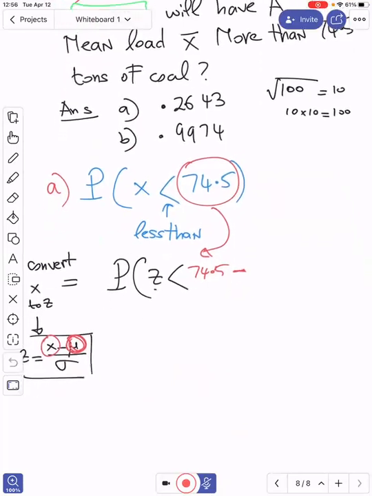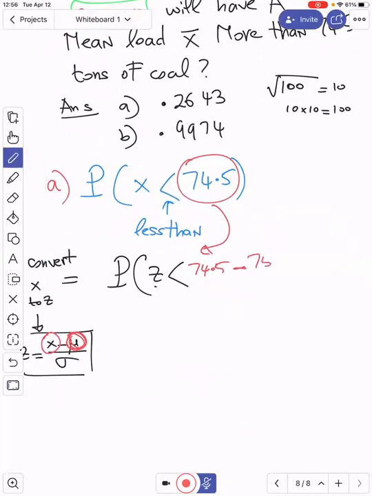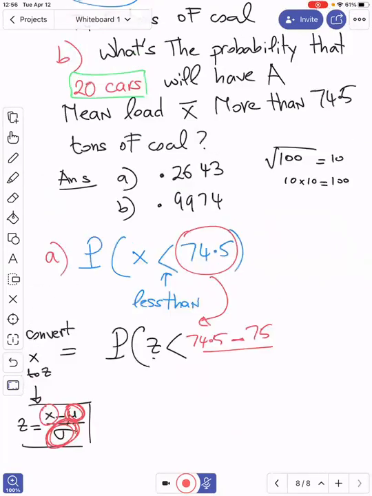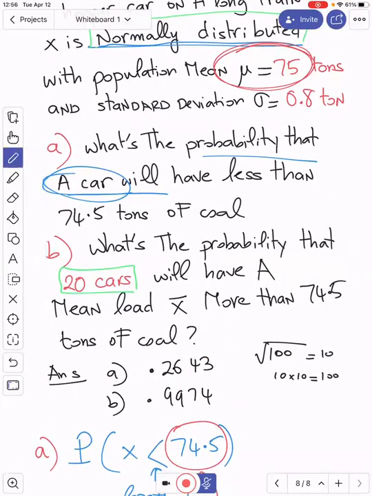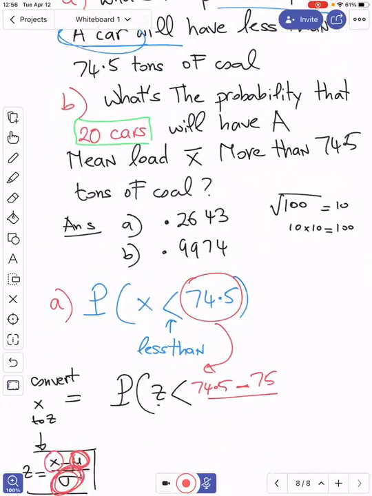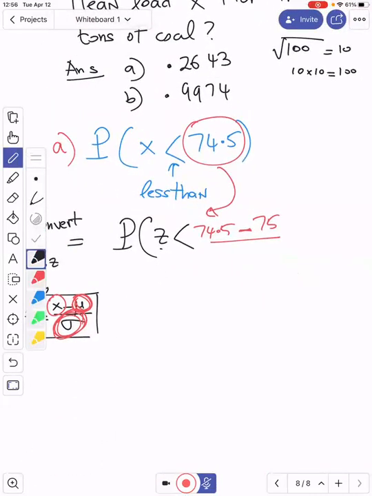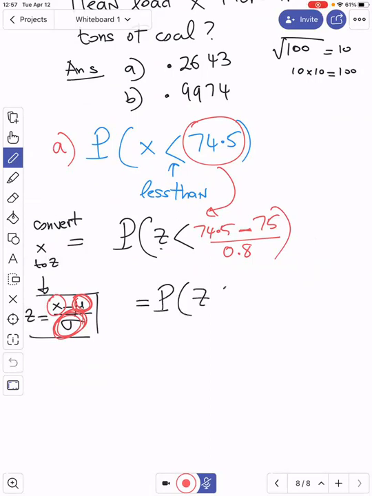So minus 75, over sigma, the standard deviation, which is 0.8. So we divide by 0.8. We need to compute the fraction. So Z less than 74.5 minus 75, that's negative 0.5, over 0.8.